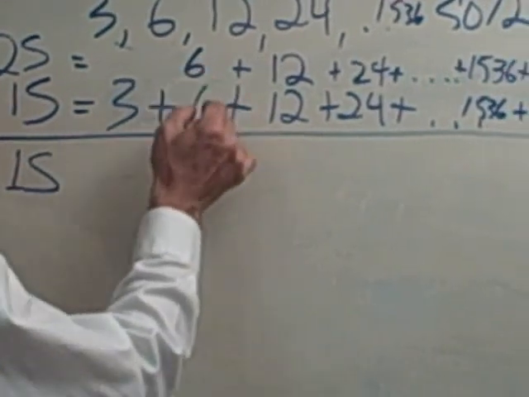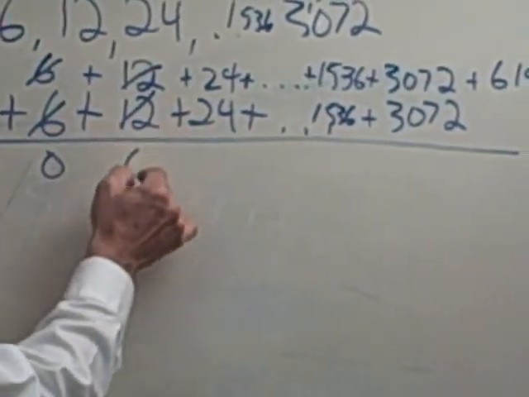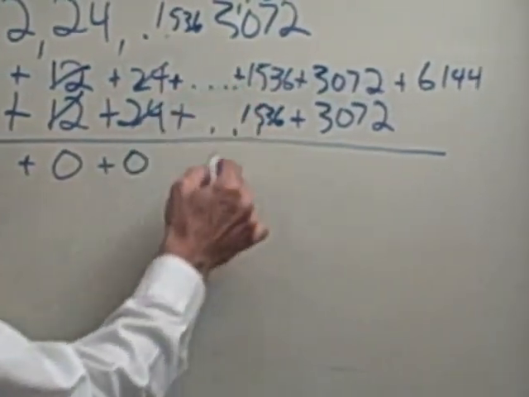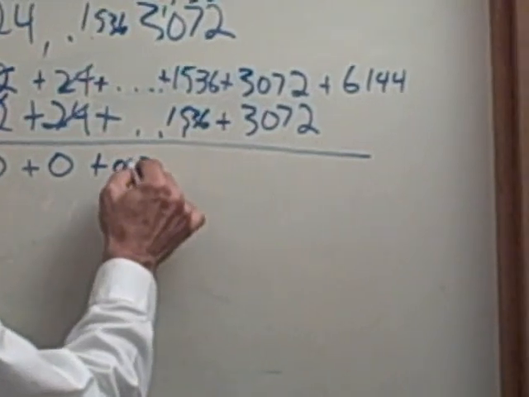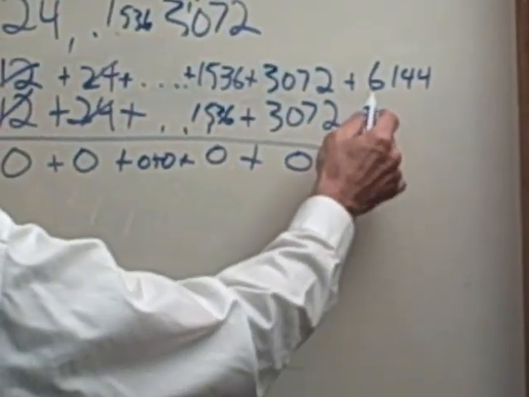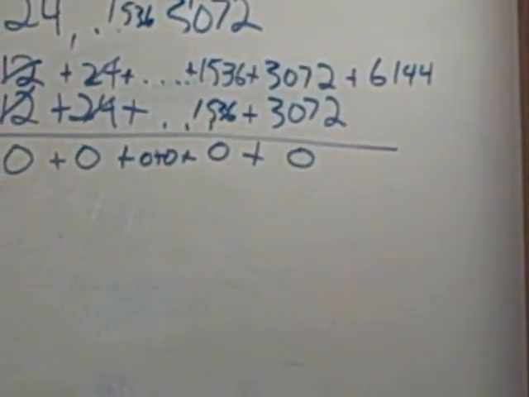Then 6 take away 6 is 0. 12 take away 12 is 0. 24 take away 24 is 0. All of these give us zeros all the way across here. 0, 0.